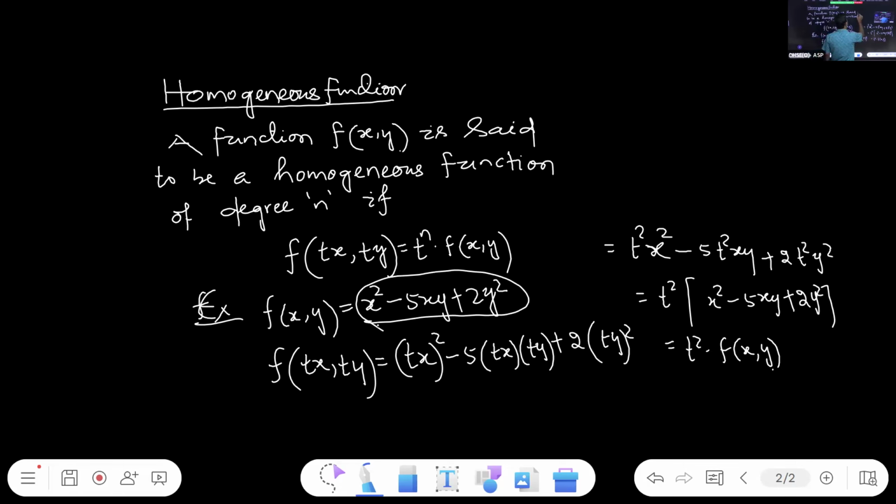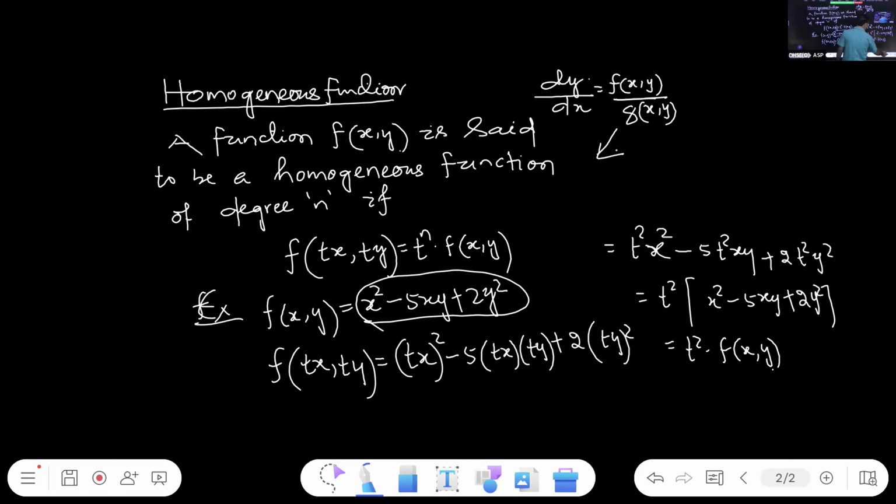If the equation is of the form dy upon dx is equal to f of xy upon g of xy, if both are homogeneous functions of same degree, then we can say that the differential equation is a homogeneous differential equation. Right?